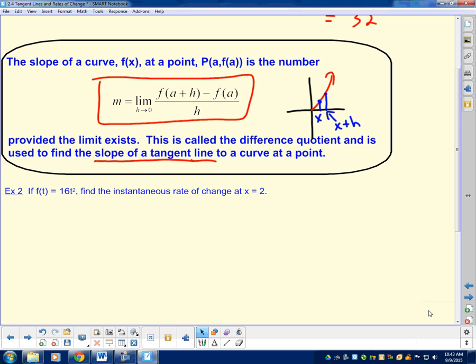We're going to go ahead now and find the instantaneous rate of change, or the slope of the tangent line, using this definition. And then I should do that in your homework as well.